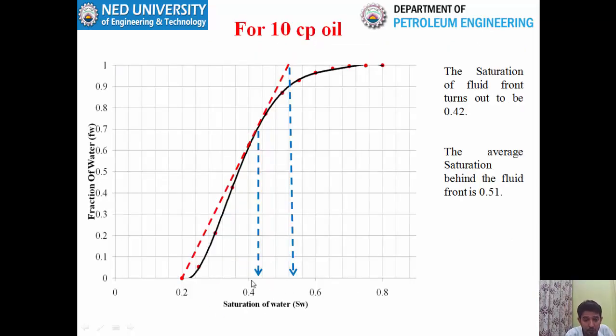At 0.42 you have a tangent, so you will calculate the slope at SWF, and use that slope to calculate the position of the waterfront, which is X, the position at SWF. We haven't done it for 1 centipoise oil or 10 centipoise oil, because I will be giving you this in the exercise. You will calculate the position of the waterfront at different times for different viscosity oils.